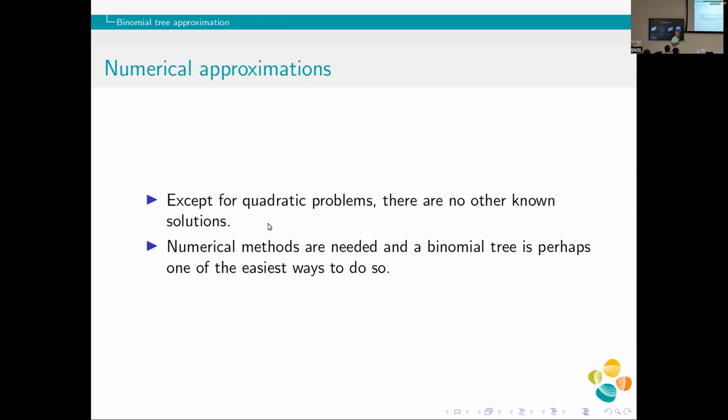Unless you are exactly in the quadratic setting, and the quadratic setting has this nice algebraic structure that if you differentiate a quadratic function, you get a linear function, you square it, you get back a quadratic function. So this kind of principle allows you to solve explicit quadratic problems, but in fact there are no other known solutions as far as I'm aware. I mean, you can do quadratic, but then anything else it's out of solutions.